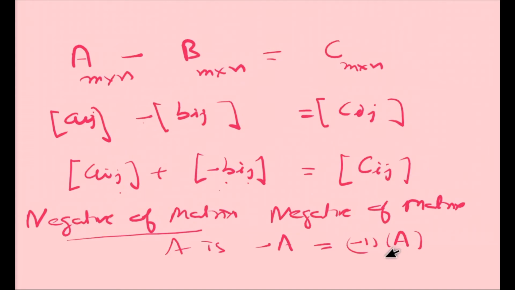The sign of all member elements will be changed. So hence we can understand that when we subtract this, it means we add the negative of B, then we can find the result. So A minus B is not equal to B minus A. It doesn't follow the commutative law, right? You should understand this, because the sign will be changed, so it is not equal.